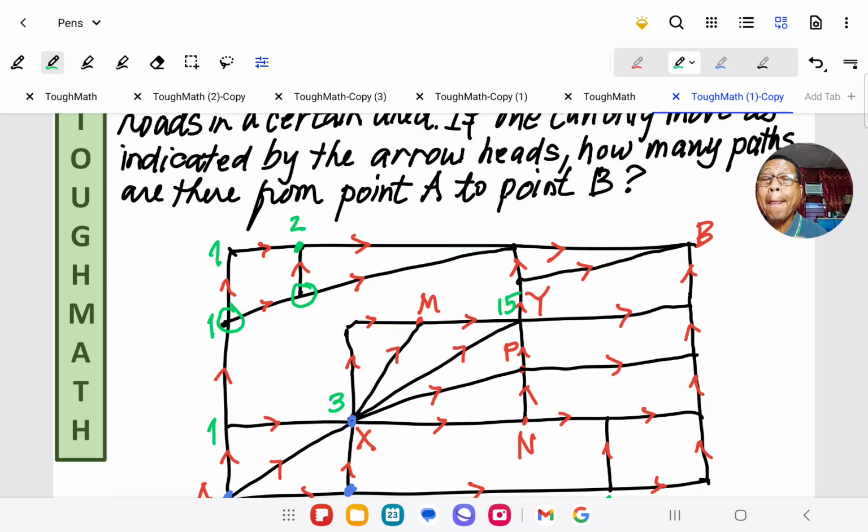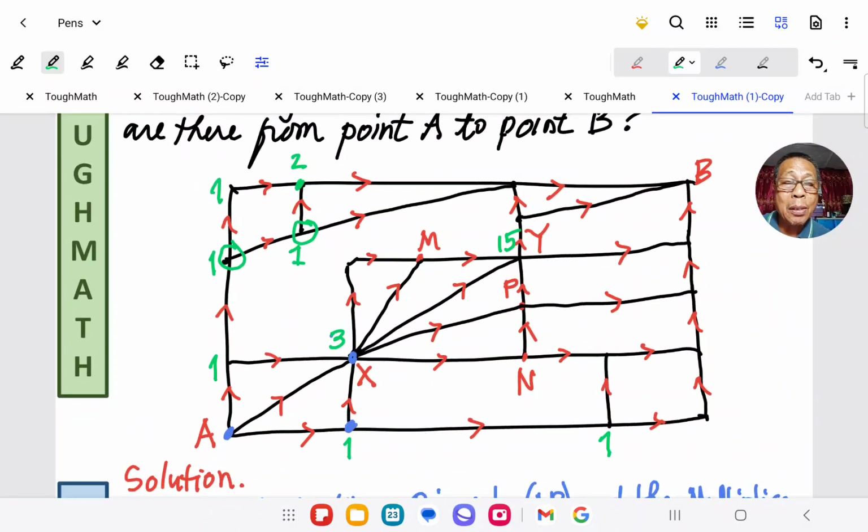So this one here, that's also just 1. The label of that juncture is just 1. And then the label of this juncture here, we cannot determine yet. We have to find the labels of the other portion. Okay, this is just 1 also.